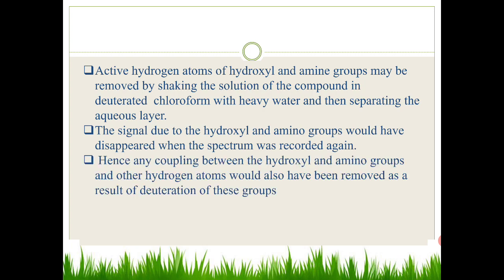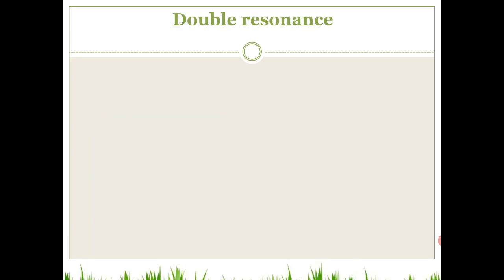Hence, any coupling between the hydroxyl and amino groups and another hydrogen atom would also have been removed as a result of deuteration of these groups. So the deuterium labeling technique will resolve the splitting pattern. You can change the splitting pattern, and by comparing with the unsplit pattern, you can easily understand the exact spectrum of the compound concerned.